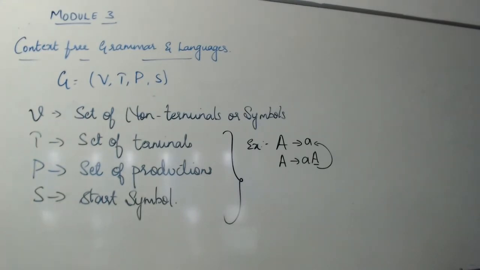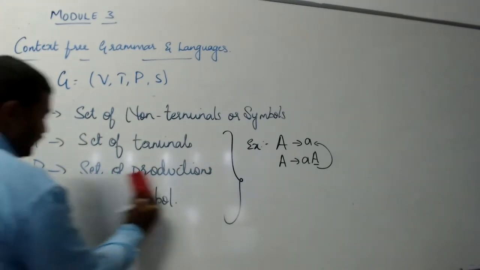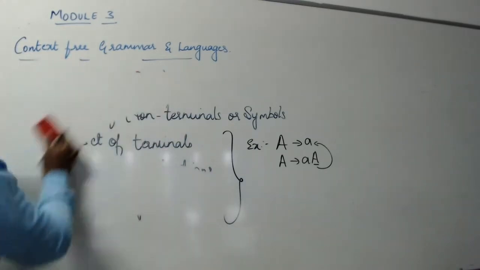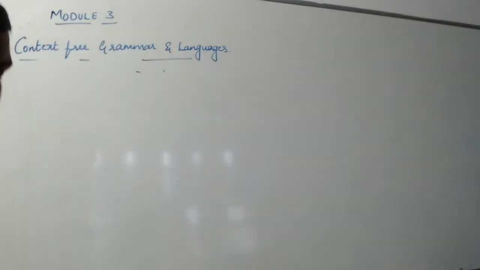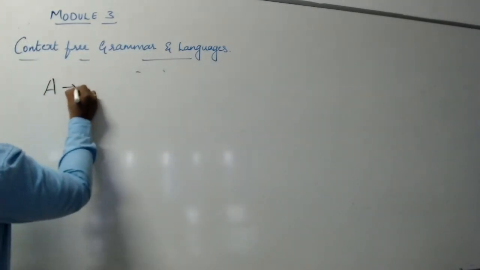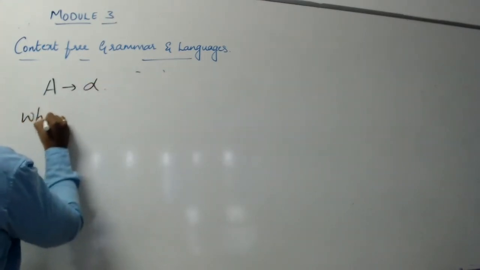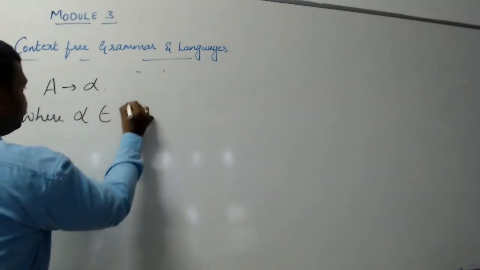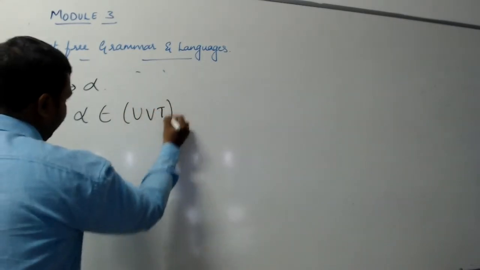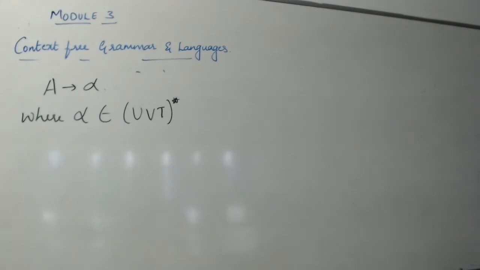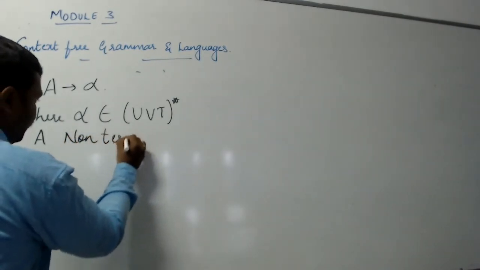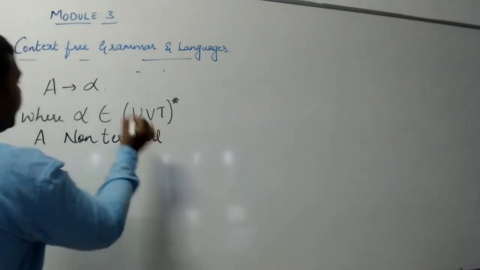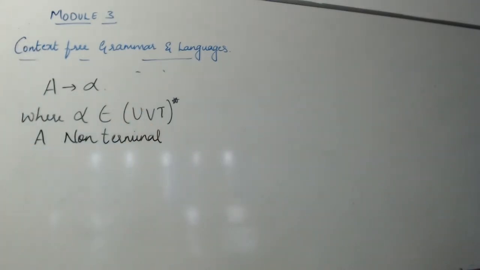So the first point to remember is that all the productions of your grammar should be of the form A tends to alpha, where alpha belongs to (V union T) whole star, and this A is a non-terminal. Any production should be in this form.